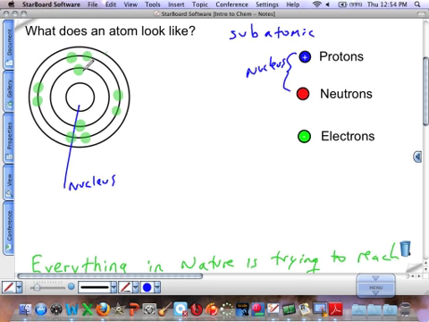How many electrons were we able to put in the first shell? 2. Look at the first row of the periodic table. How many elements are in that first row? 2. Okay, take the next shell. How many electrons are in the next shell? Go to row 2 in the periodic table. There's 8. So that's how many the third shell is going to have, 8, because there's 8 there.